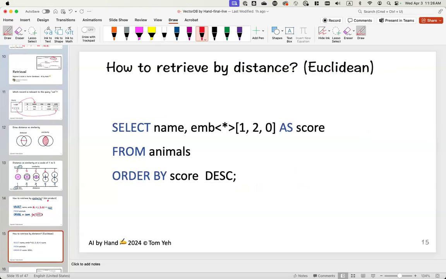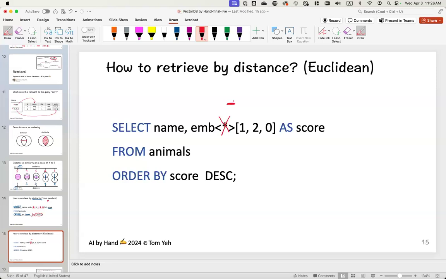This is the same code I just copied from the past. We need to fix a couple of spots in order to change this to be able to retrieve by distance. Where do we have to change? First, we need to change this from star to another symbol called minus. So distance is a minus b, and take the absolute value.